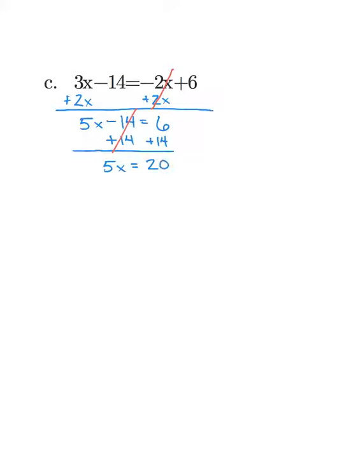Finally, I need to get rid of the 5. Since this is 5 times x, the opposite of multiplying by 5 is dividing by 5. If we divide both sides by 5, on the left my 5's cancel, leaving me with just x. And on the right, I get 20 divided by 5 is 4.